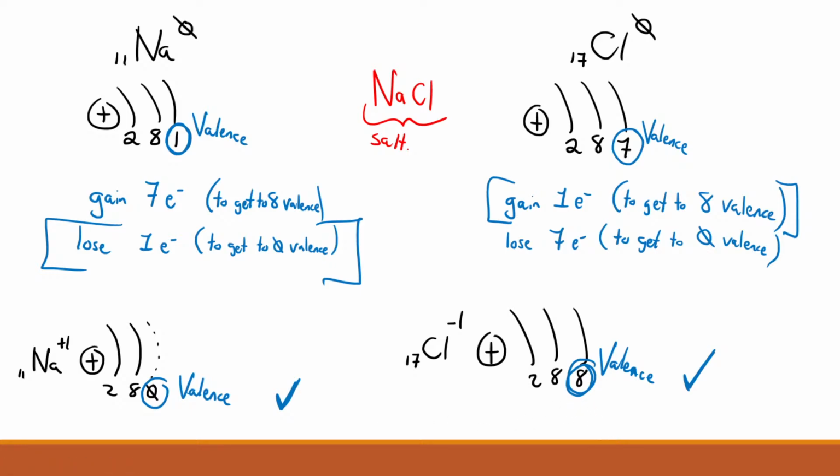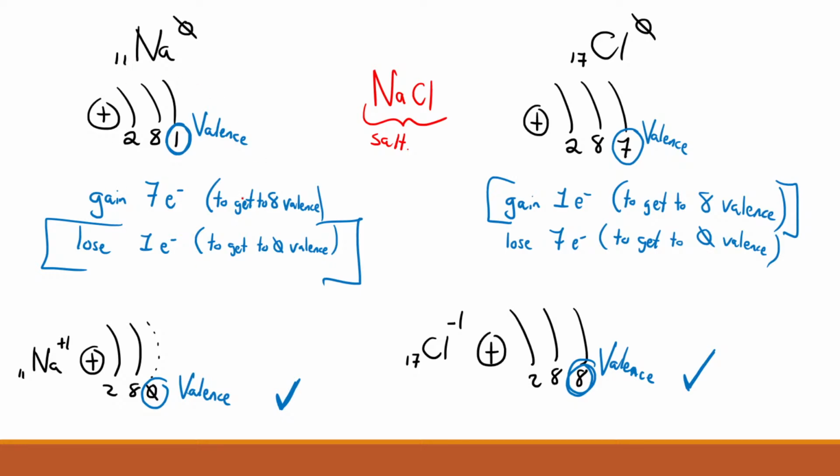And as we move forward and start talking about compounds and start looking more in depth at the way atoms are going to act, we're going to see that this need to get 0 or 8 valence electrons really drives a lot of the properties of these atoms. Chlorine acts the way it does because it needs to gain 1 electron.